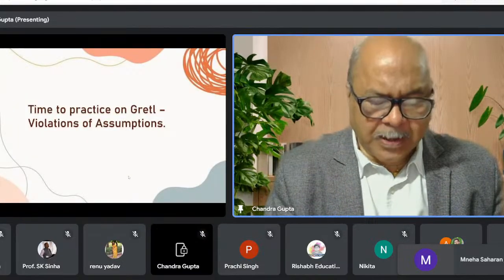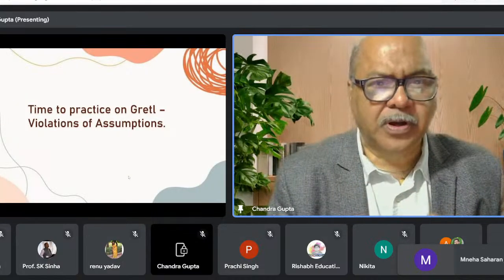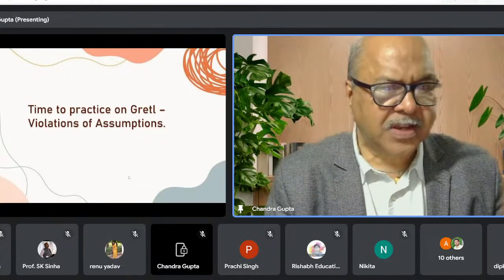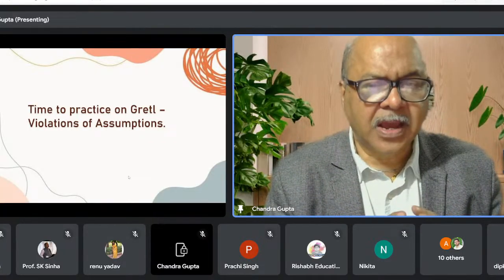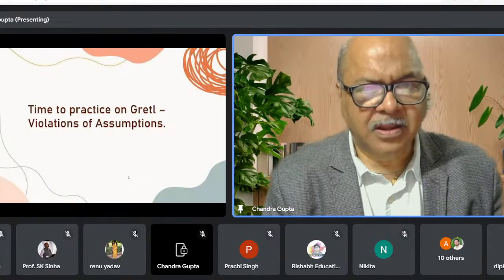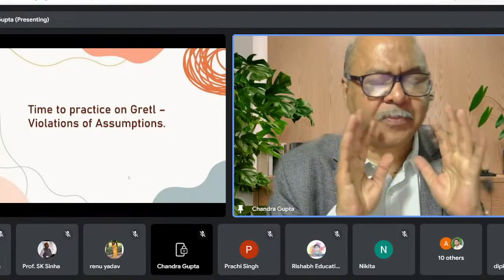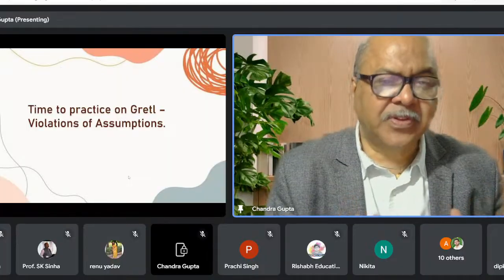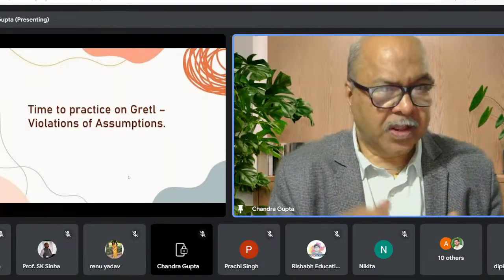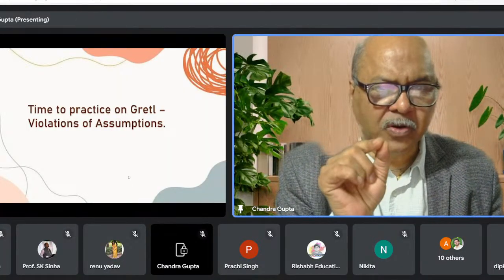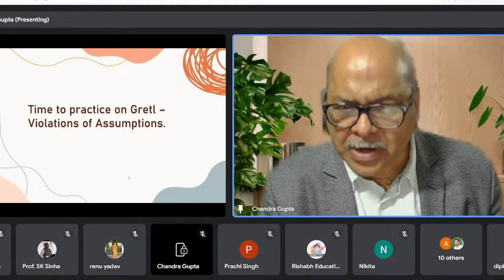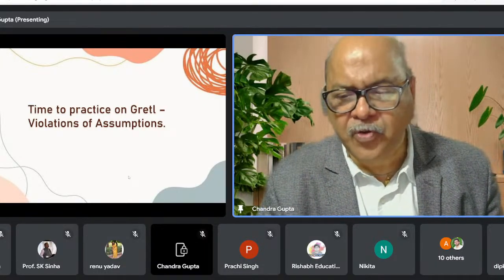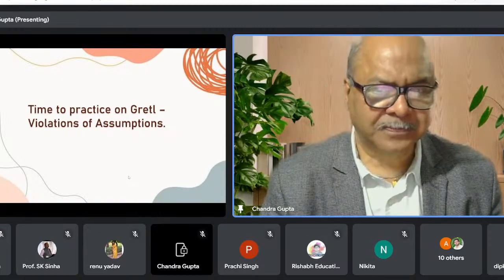So friends, please remember an important thing. If all your assumptions are correct and true, then your OLS estimates are the best estimates. Nobody can question them. But if the assumptions are not true, then there is a question mark on the reliability of the conclusions we are deriving from our regression model.